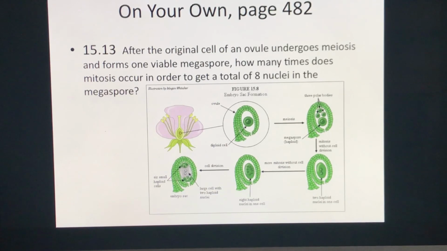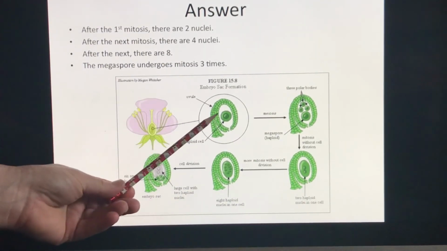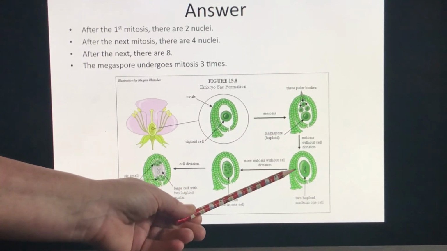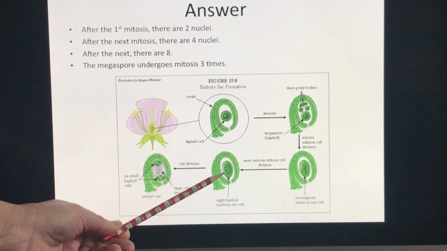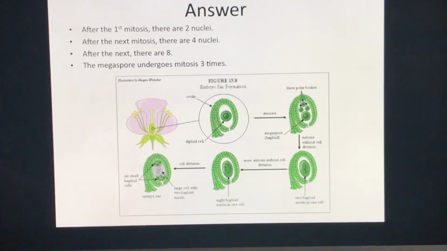How many times does mitosis occur in order to get a total of 8 nuclei in the megaspore? So here, after the first mitosis, you have 2. Then it goes through another mitosis, there's 4. And then finally a third, and that's 8. So the megaspore undergoes mitosis 3 times.